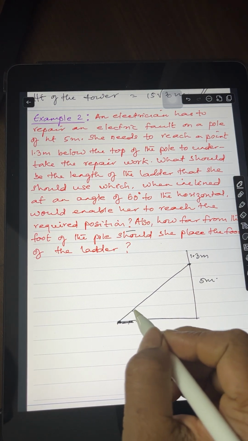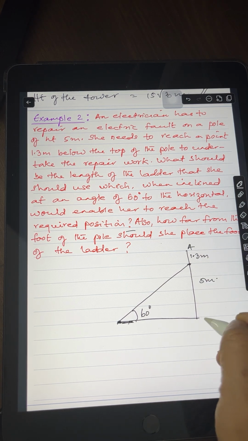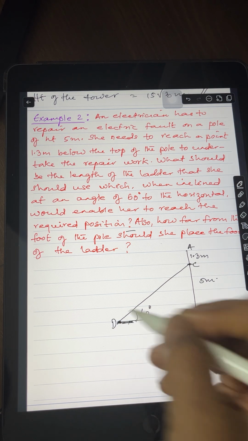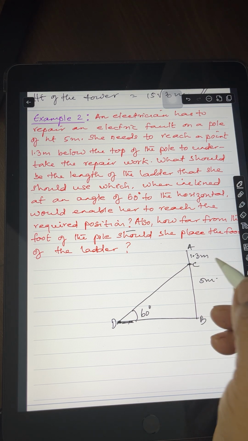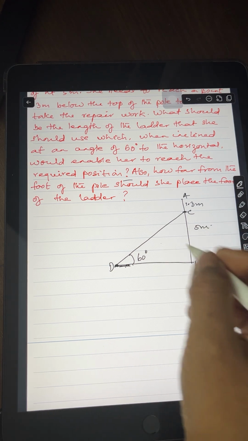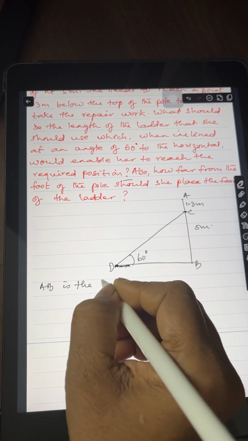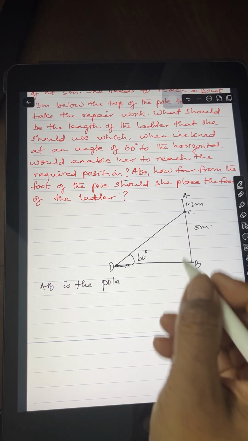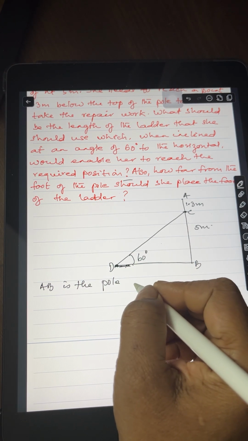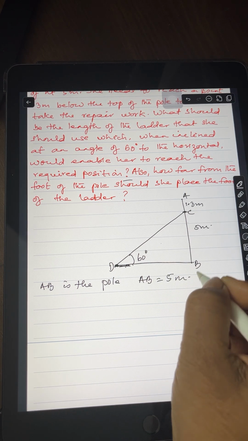Angle of elevation is given. Angle of elevation is 60 degree. Suppose this is pole. AB is pole. And this is C and this is D. Now what you will have to do is, first you will have to explain everything, that AB is the pole, then AB is equal to 5 meter given.